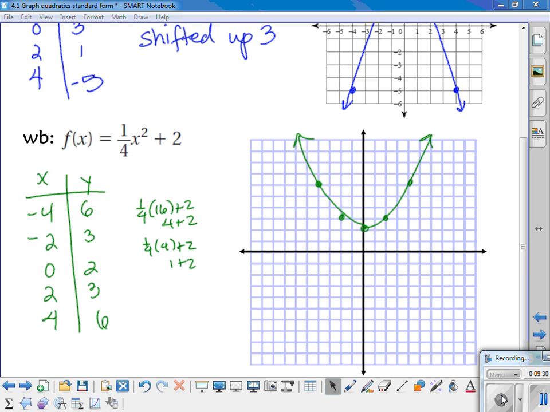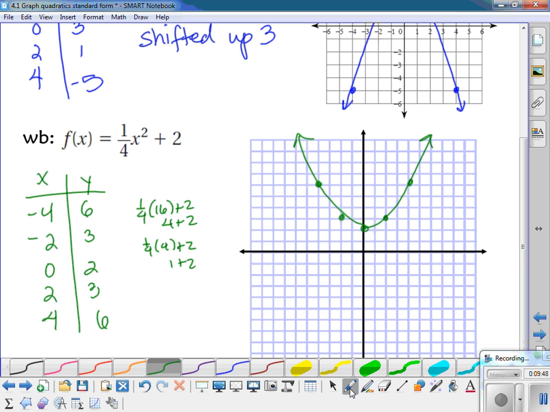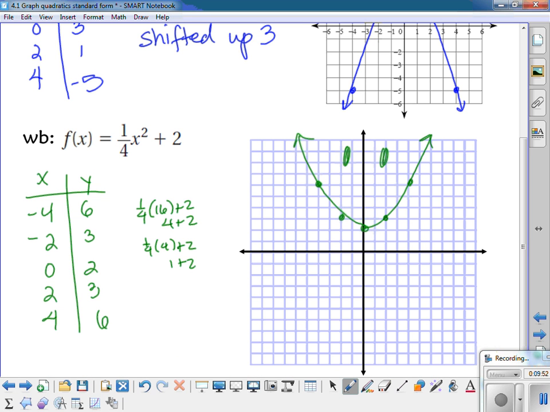Okay, so do we all agree that's what it looks like? Yes. Okay, so when you plugged in negative 4, negative 2, 0, 2, and 4, we should have gotten 6, 3, 2, 3, 6. And so our orientation is what? Happy. Okay, we got a happy face now.